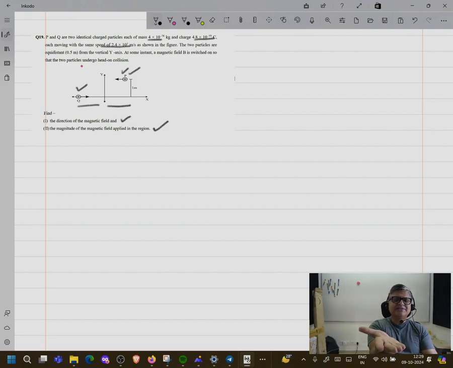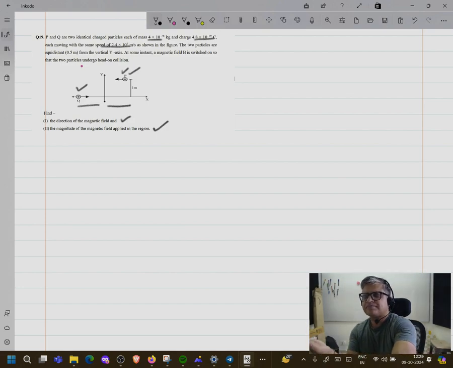If the magnetic field is going in and my thumb is here, draw a perpendicular on top of it, like this, upward.